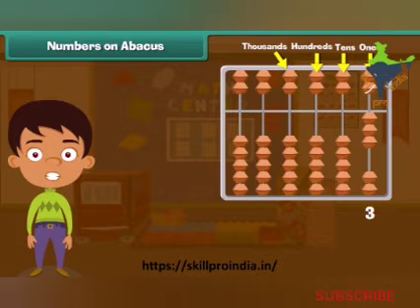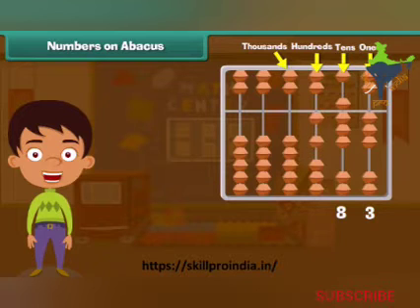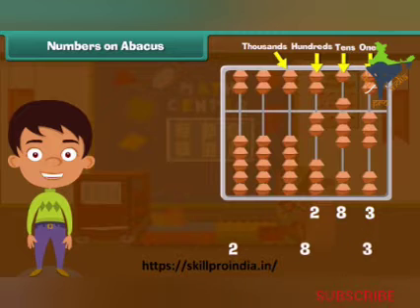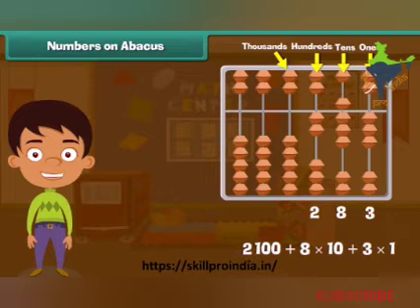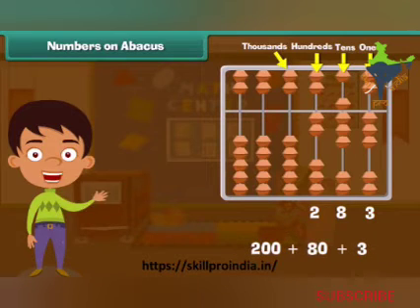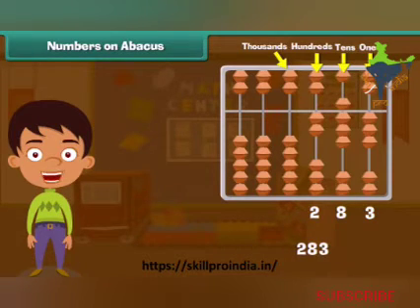Now let us move 3 beads on the lower deck and 1 bead on the upper deck of the tens rod up. This represents 30 plus 50, which is 80. Now we move 2 beads in the lower deck of the hundreds rod to represent 200. So the beads positioned in the abacus represent the number 200 plus 80 plus 3 equals 283.